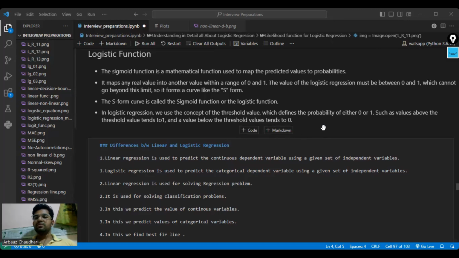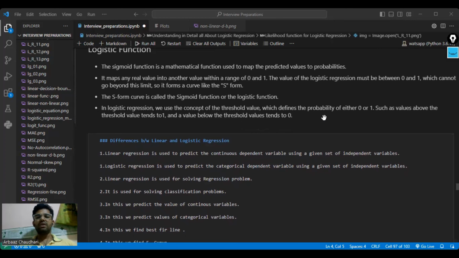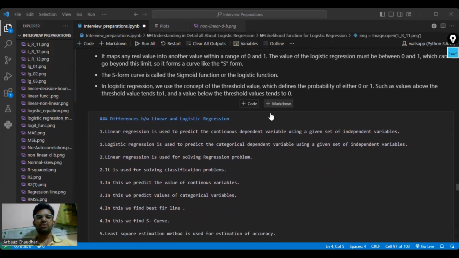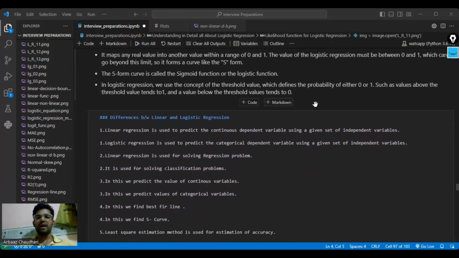But at first, we keep the threshold as 0.5 only. So if the probability is greater than 0.5, then it comes in class 1. And if the probability is less than 0.5, then it comes to class 0.